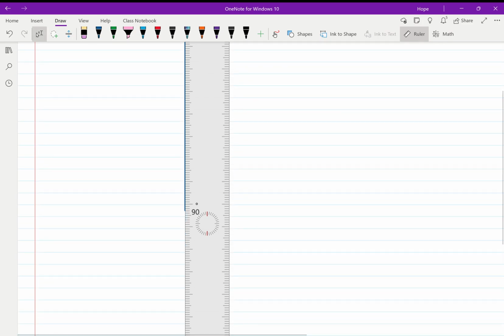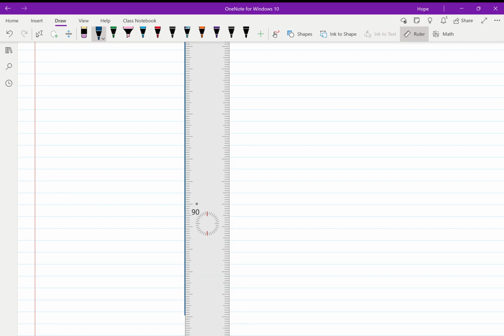I'm just making my page here. So yesterday we did our theorems, and today we're going to start solving those.